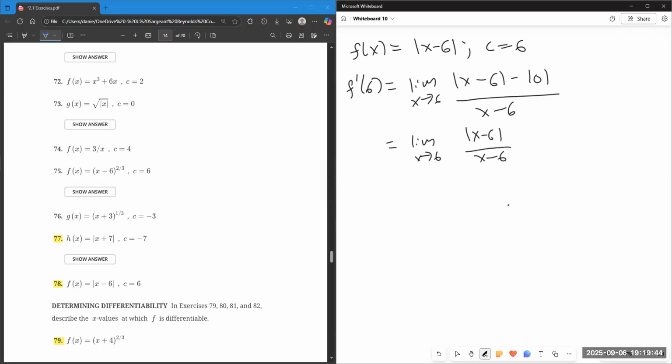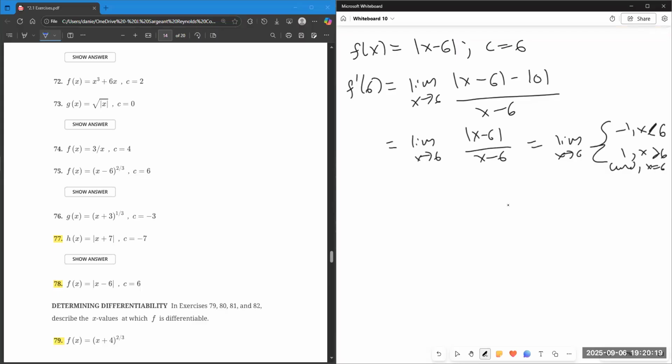And this is a piecewise defined function: -1 when x is less than 6, +1 when x is greater than 6, and undefined when x equals 6.